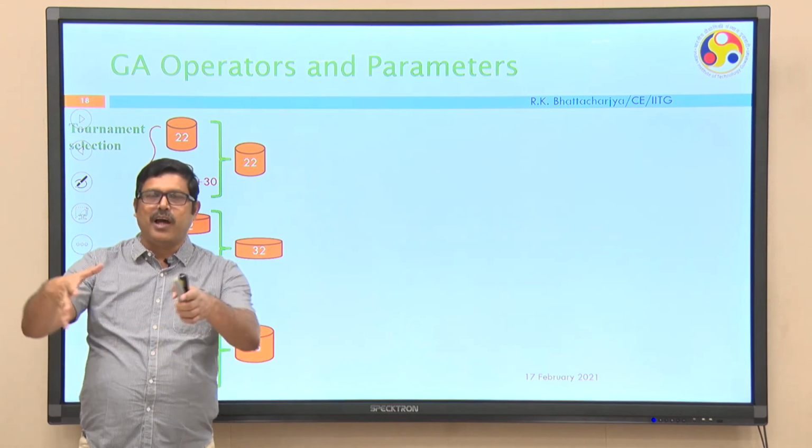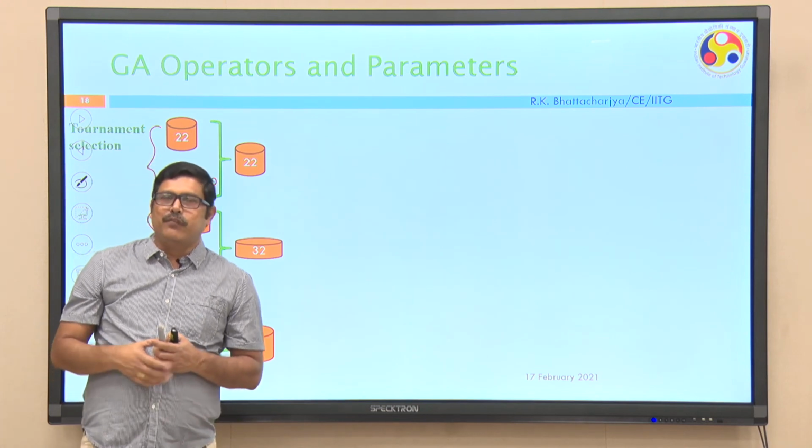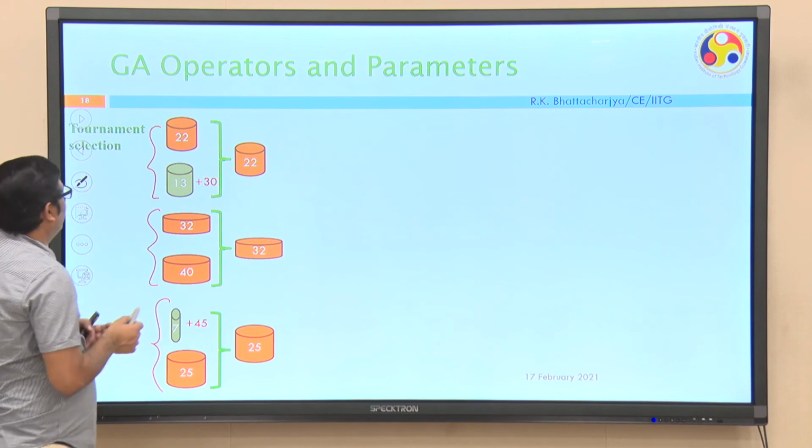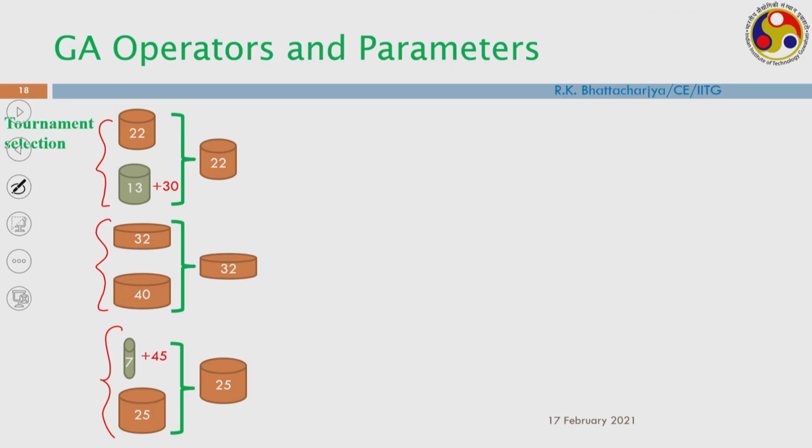From that box I randomly pick 2 solutions. In the first trial, 22 and 13 are coming. Okay, 22 and 13. So, now they will play the tournament. Then the stronger one will win the tournament and he will go to the next generation.